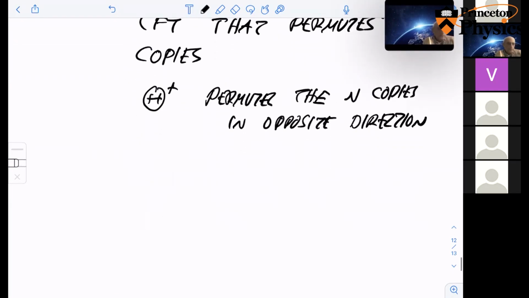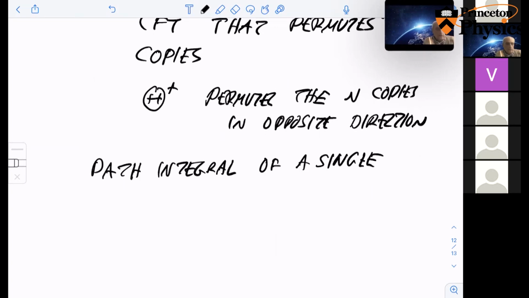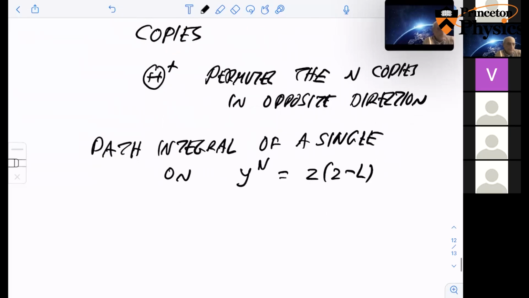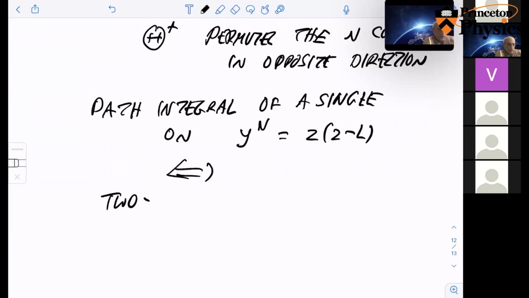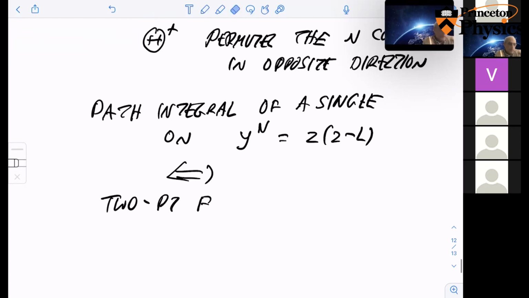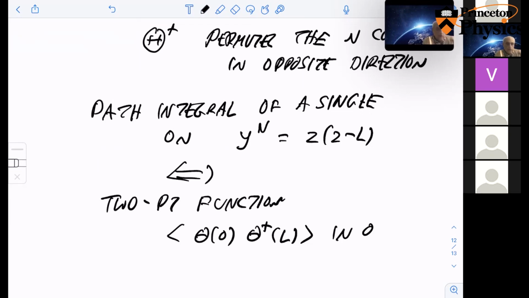So now you see the path integral of a single theory, the original CFT, on the spacetime that was an n-sheeted copy, is the same as the 2-point function of theta in n copies.